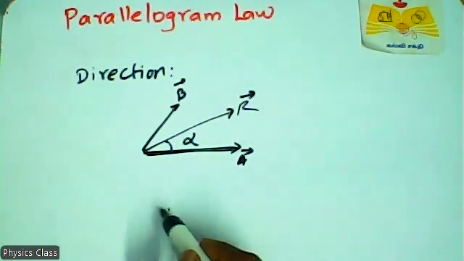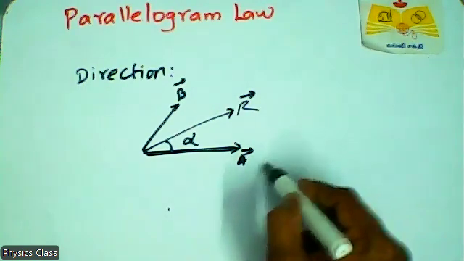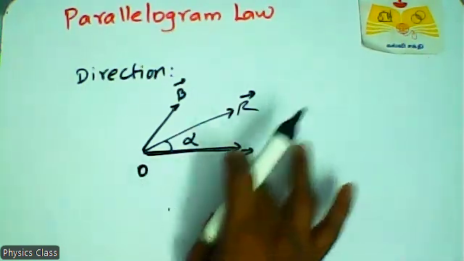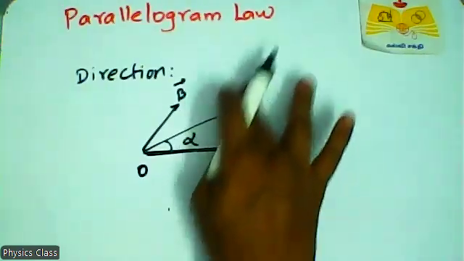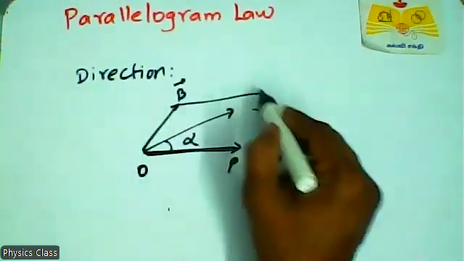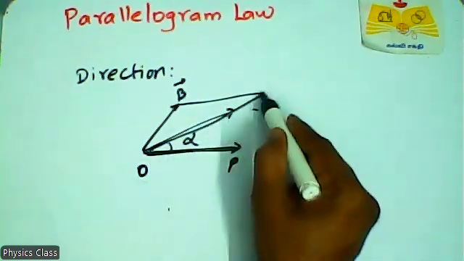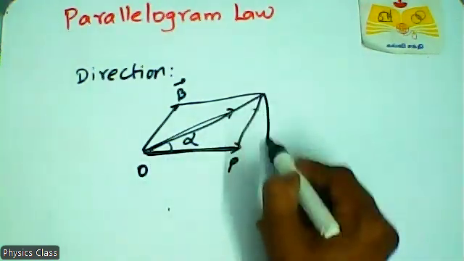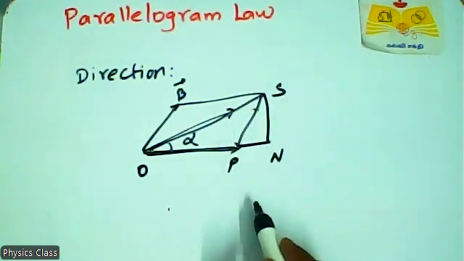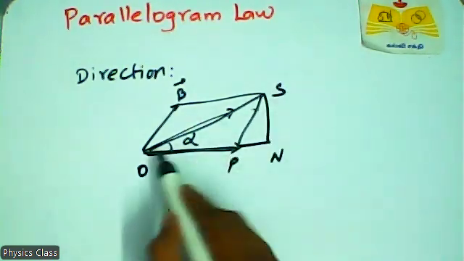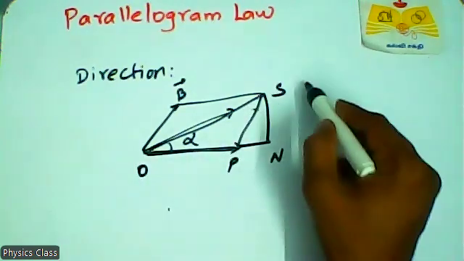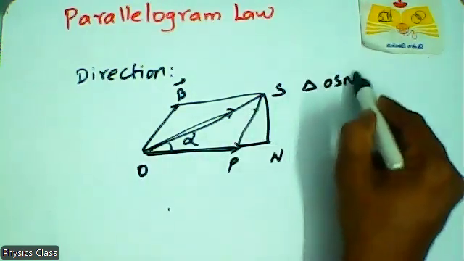So in our diagram, this is O, this is P, this is N, this is S. From our diagram, we can take triangle OSN.